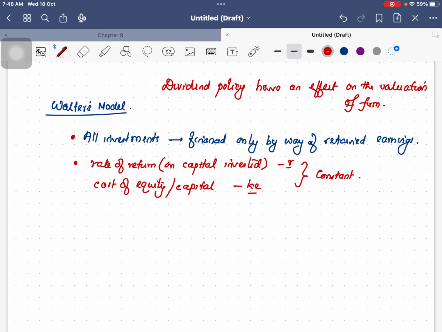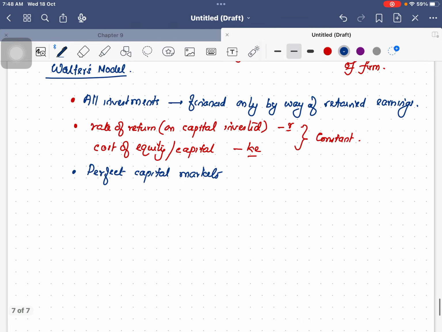Now the third one, perfect capital markets. We have seen the same assumption in the case of the approach also.